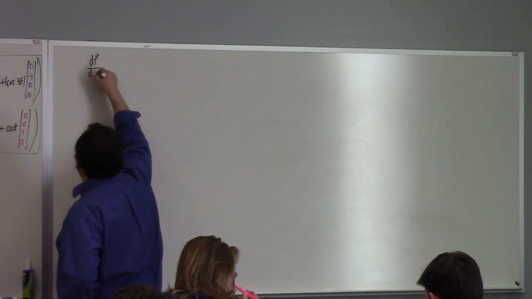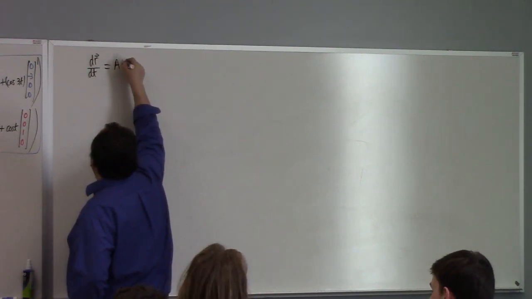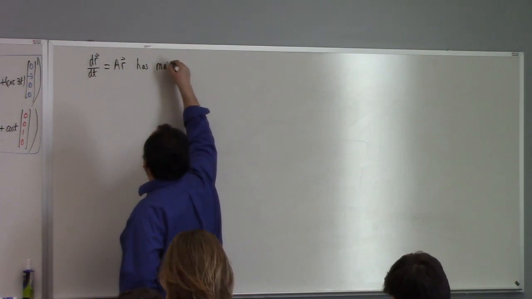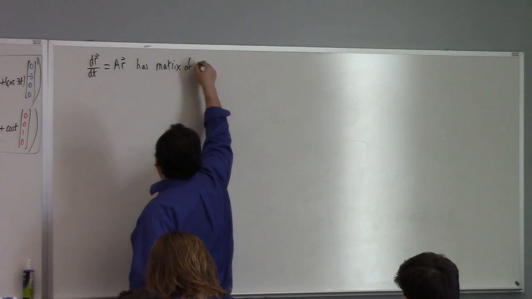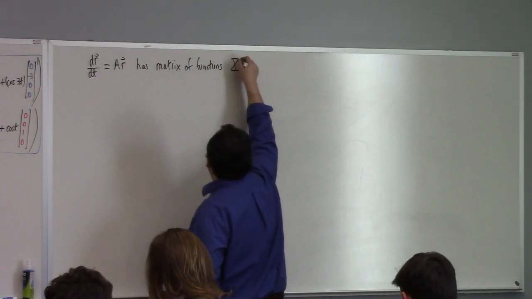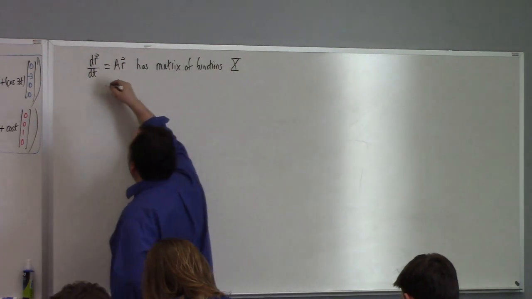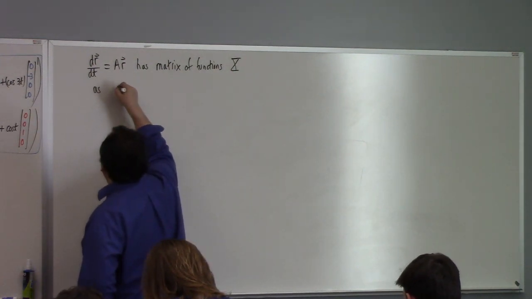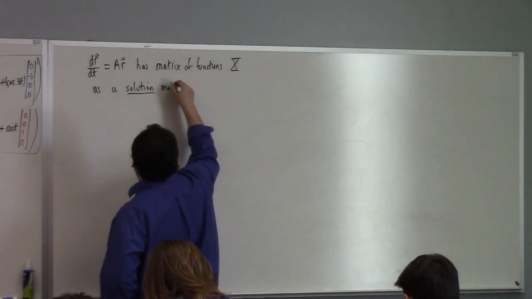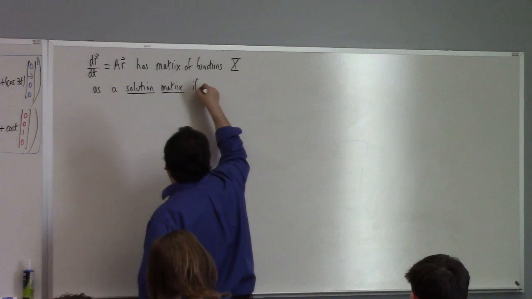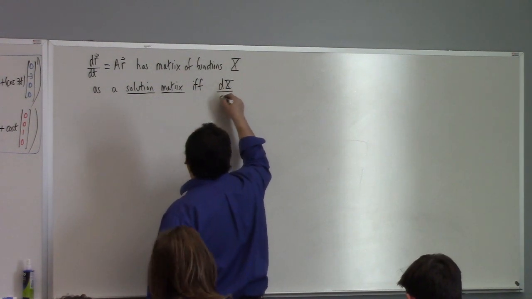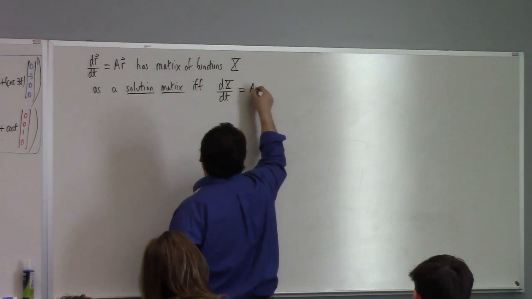So dr/dt equals A r has a matrix, let's say, of functions. I'll use a big X for it. As a so-called solution matrix, if and only if dX/dt is equal to AX, all right?